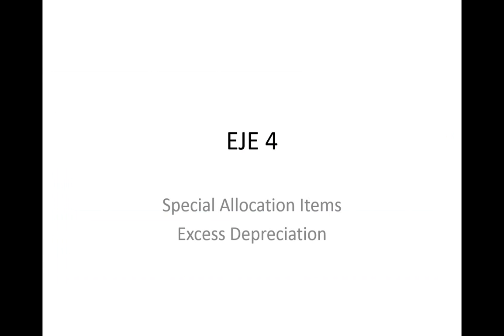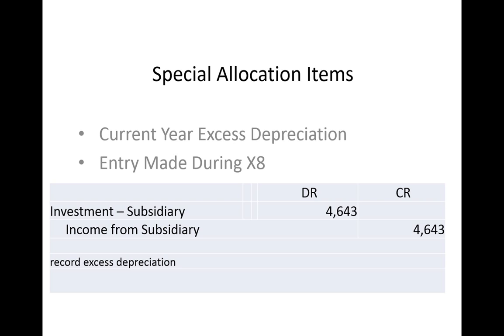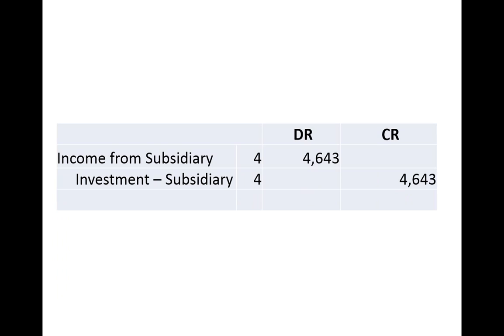The journal entries, or the EJEs of interest, are the excess items. And the equity method entries, we're going to start with that first. This is what we just made. We debited investment, credited income for the $46.43. We must eliminate this, and we do that. We debit income from sub, credit the investment for $46.43.